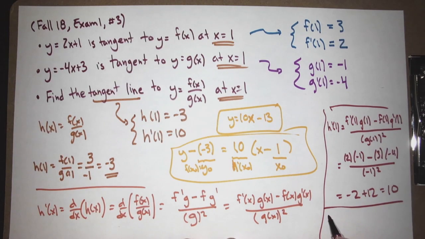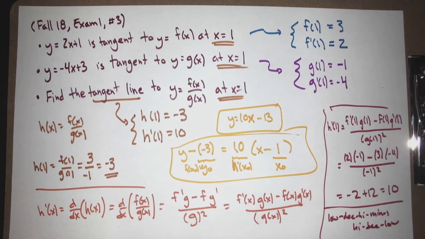Oftentimes I've heard it as low D high minus high D low. Is that not it? Yeah, low D high minus high D low. That's the phrase I've heard for what goes upstairs.